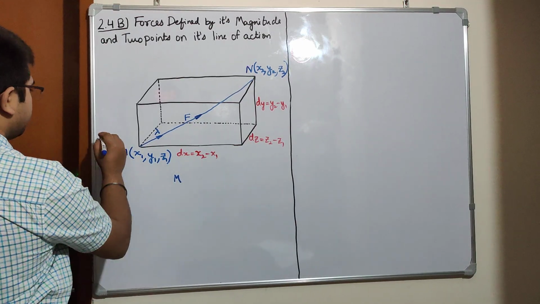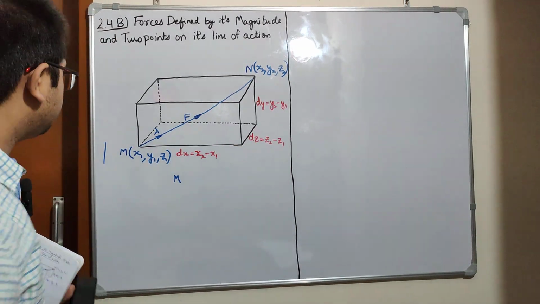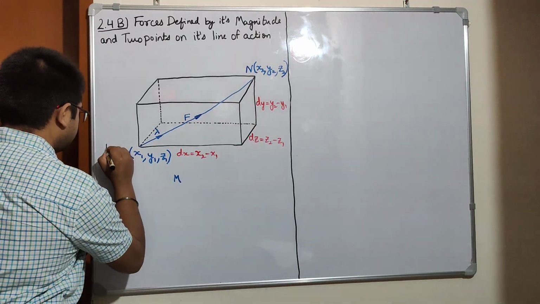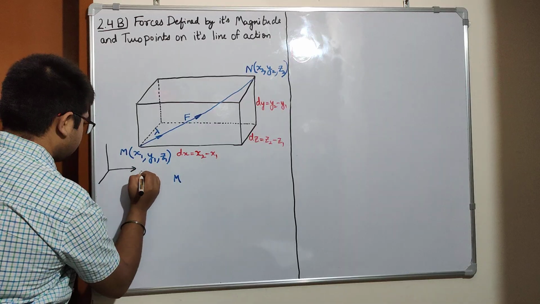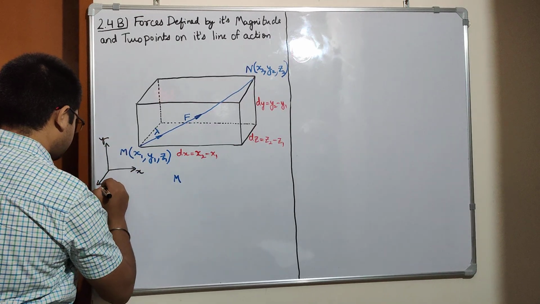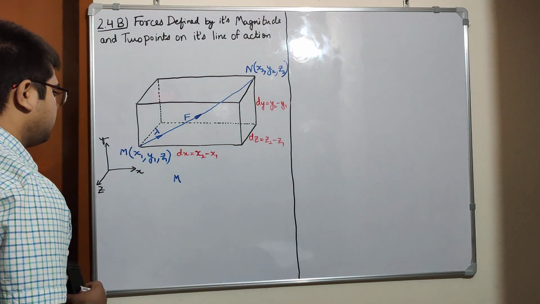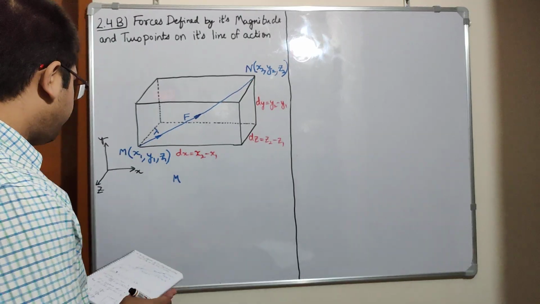I'll just make it a little smaller so that everybody understands. This is our y, this is our x, and this is our z. So after that we will write MN vector.